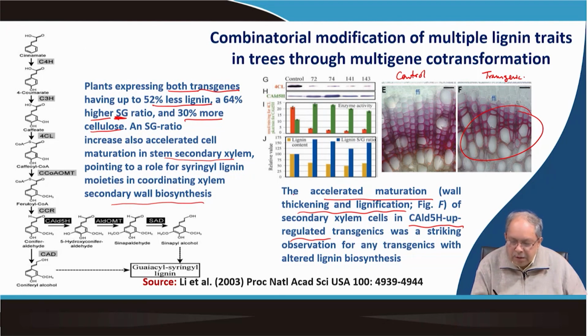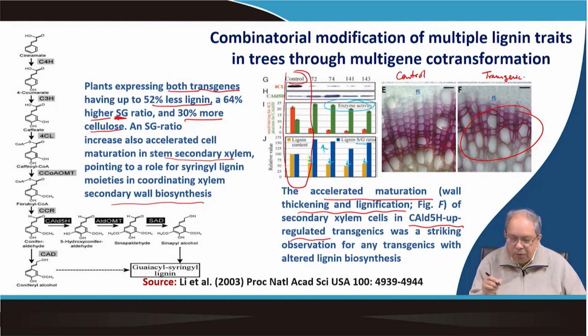And also what you see, that this is basically the control, the lignin content was more, but in the transgenic lines where this 4Cl was suppressed, you see that the 4Cl activity is getting suppressed, and not only that, the lignin contents which are represented here are also getting suppressed, and the SG ratio is also getting enhanced, and the middle one is basically the enzyme activities.